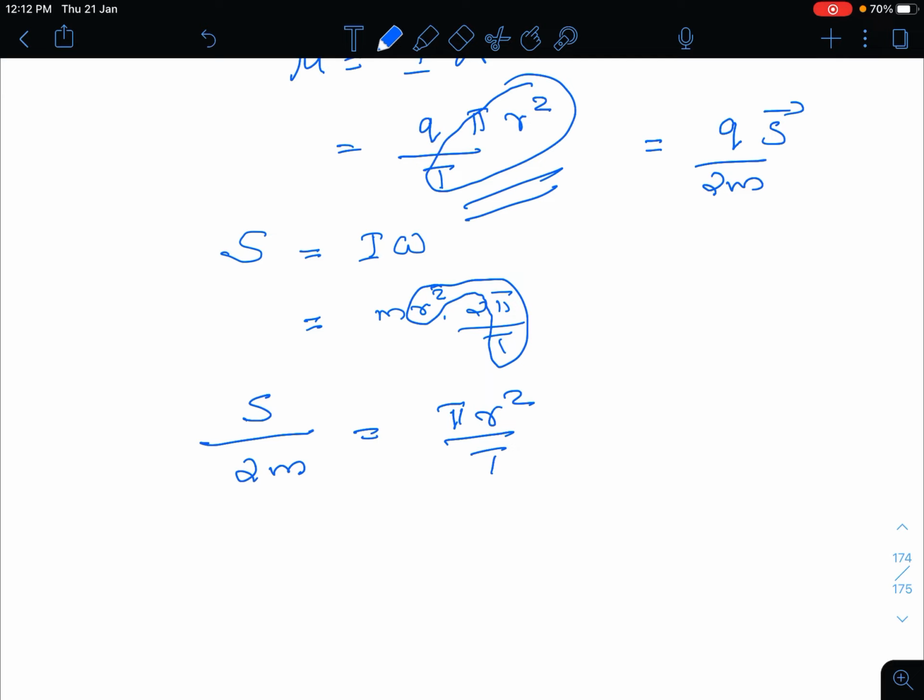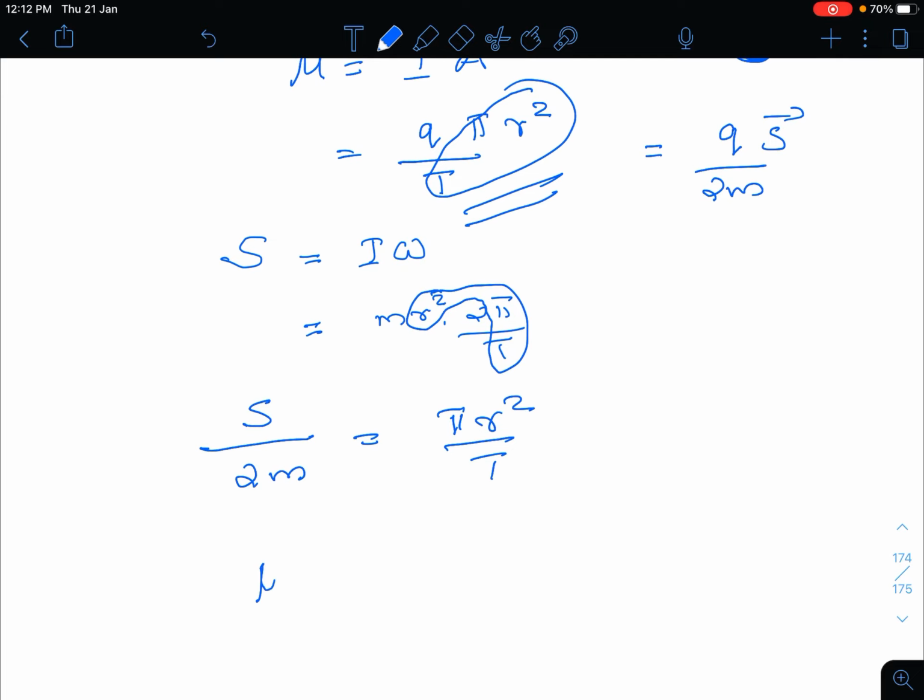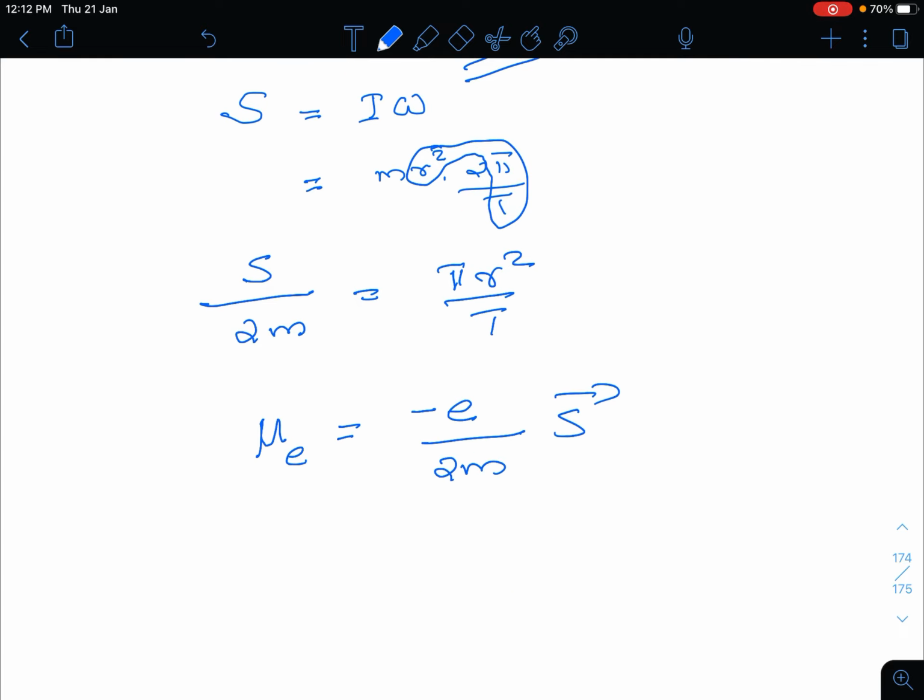So the magnetic moment of the electron, if you consider the electron charge as minus e, is minus e divided by 2m. Yes, but this is the classical calculation which we have done.